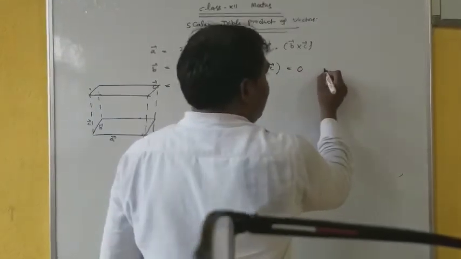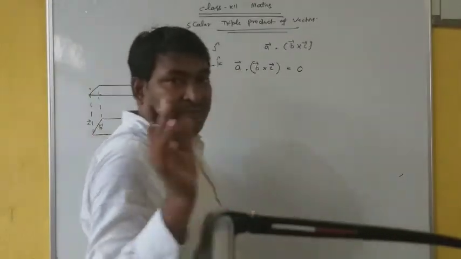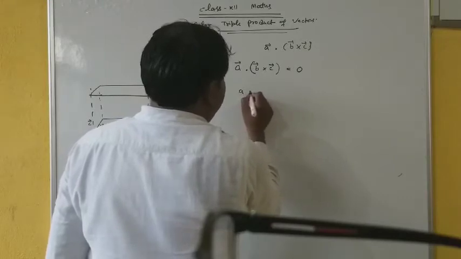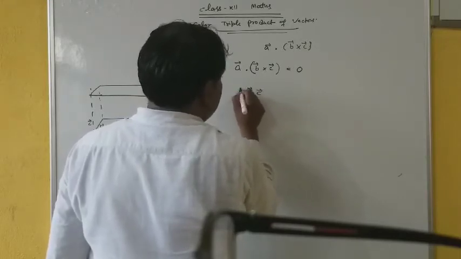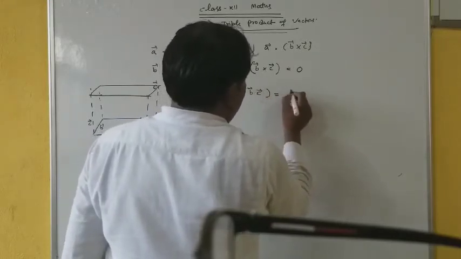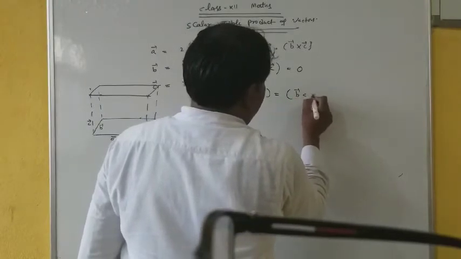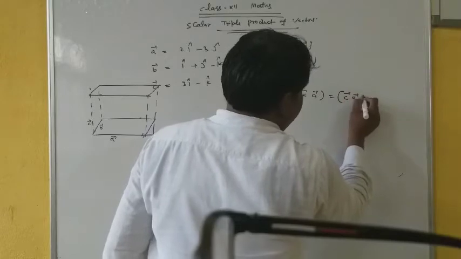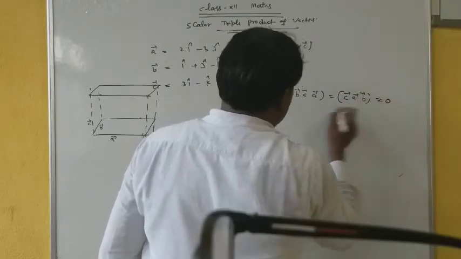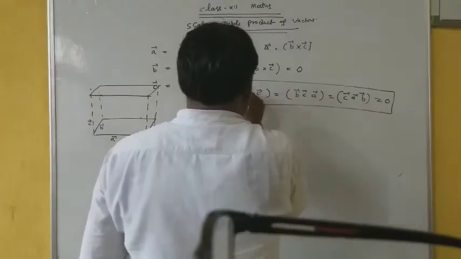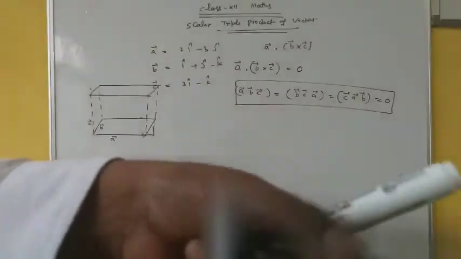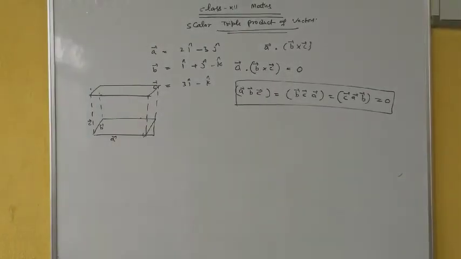So this is the condition of coplanarity of three vectors. By the condition of coplanarity of three vectors, A B C should be equal to B C A, should be equal to C A B, and this should be equal to 0. This is the condition of coplanarity of three vectors.